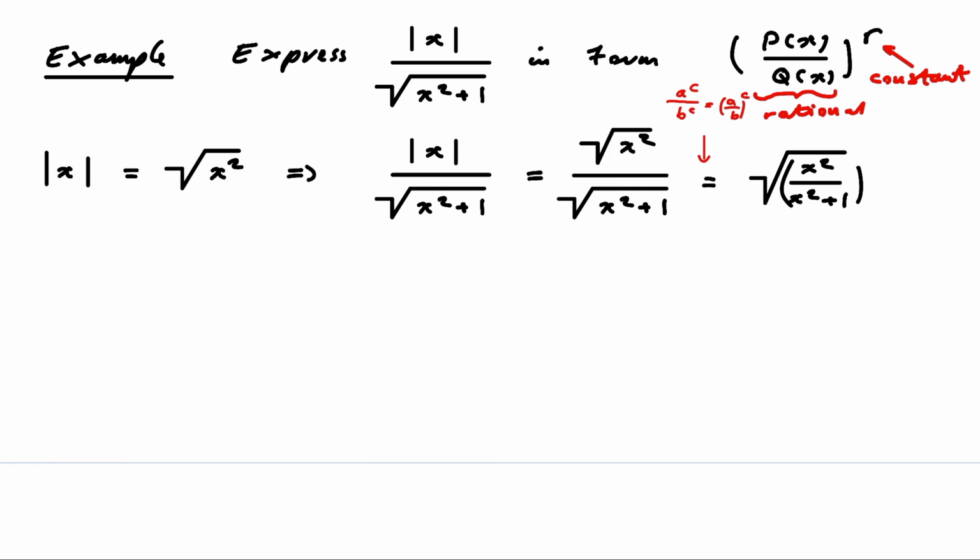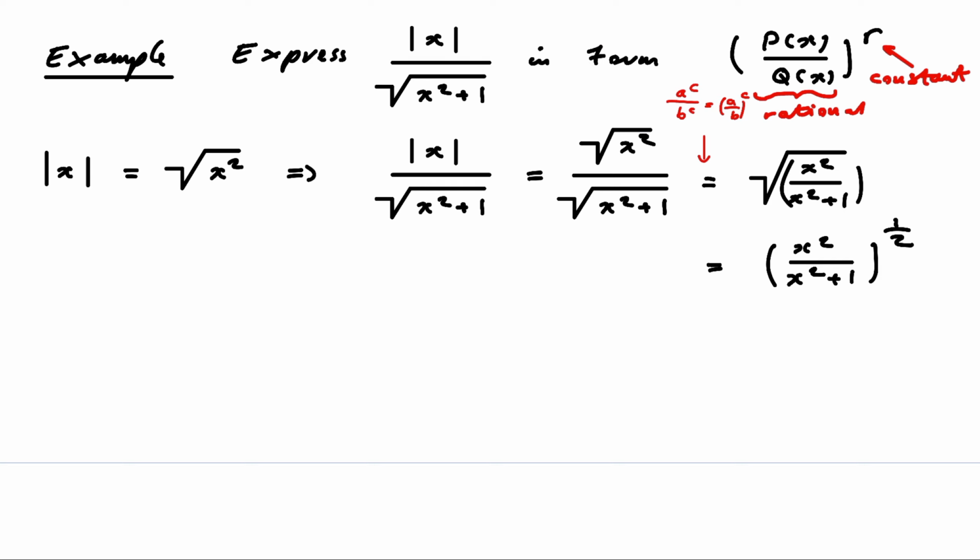So I'm just, in my mind, interchanging everything. But now at the end, we should make the time to write this down in the format requested, which is a rational function all to the power of a constant. So this now is equal to x squared divided by x squared plus 1, all to the power of a half. So we're done, right?